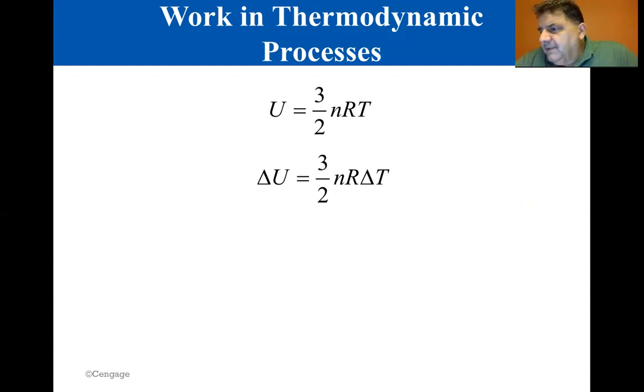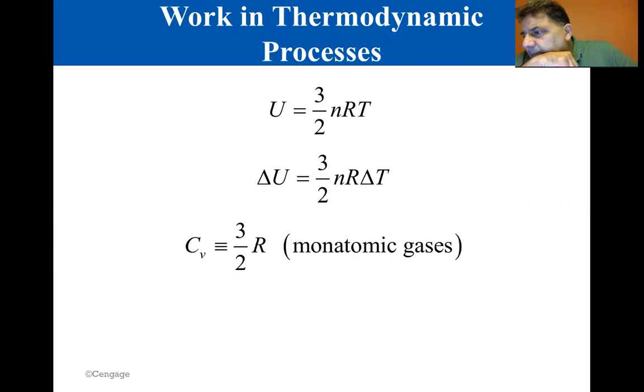The molar specific heat at constant volume of a monatomic ideal gas, CV, is defined as shown here. The change in internal energy of an ideal gas can then be written as delta U equals n, the number of moles, CV delta T.